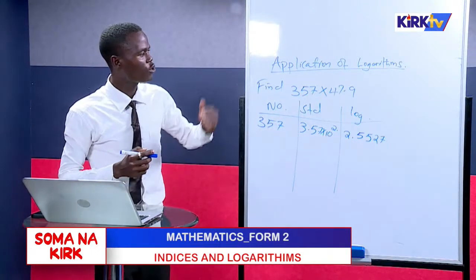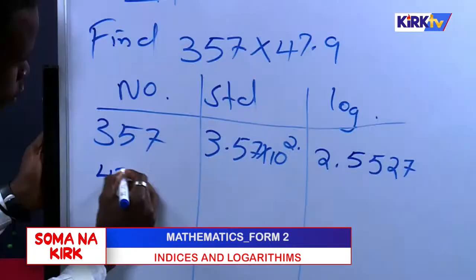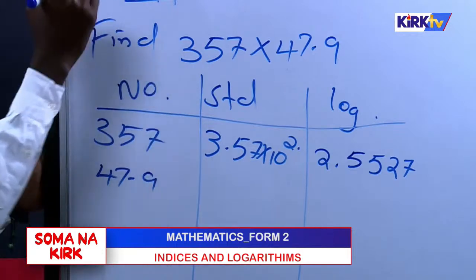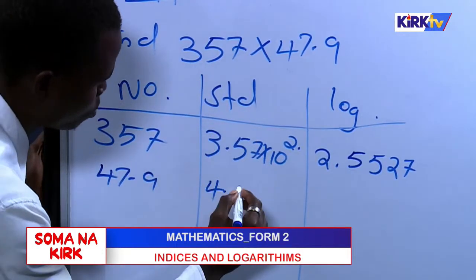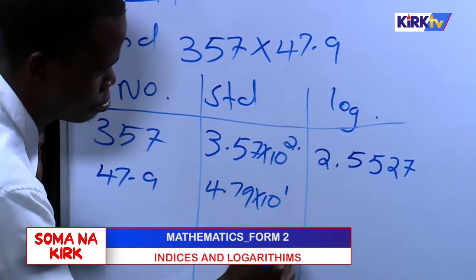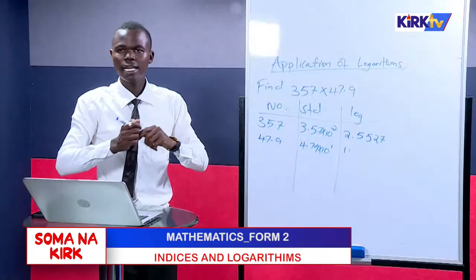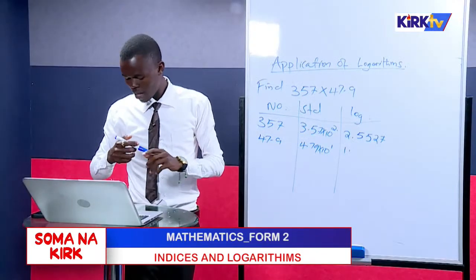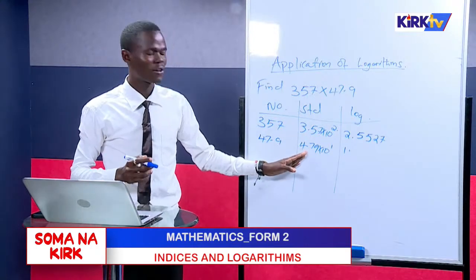From there, we move to the next, 47.9. In standard form, it will be 4.79 times 10 raised to power 1. Our logarithm will be 1 point. Just like I said previously, we check the X column where we have 4.7.